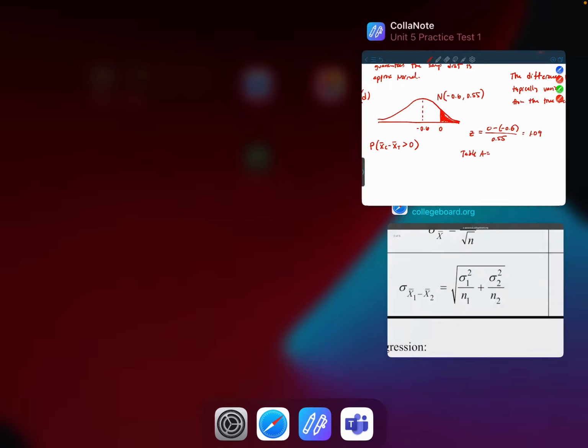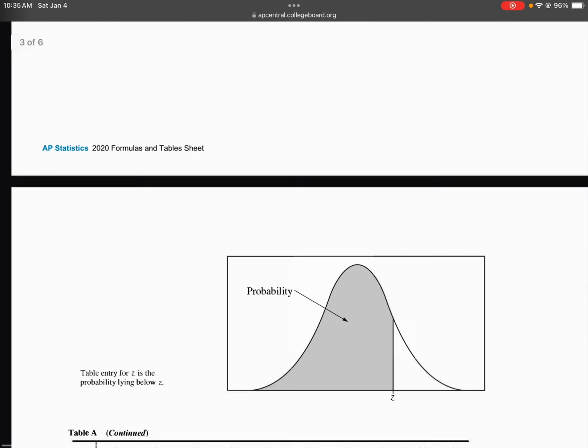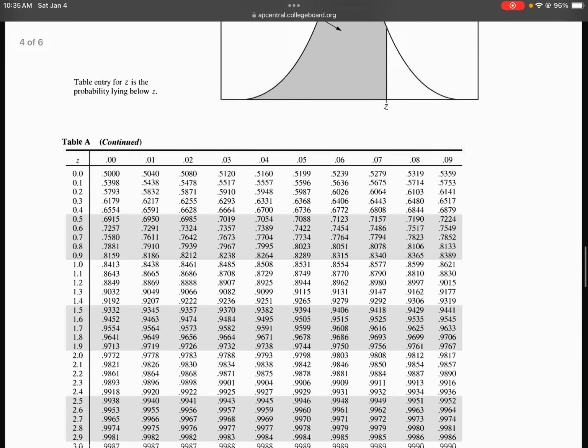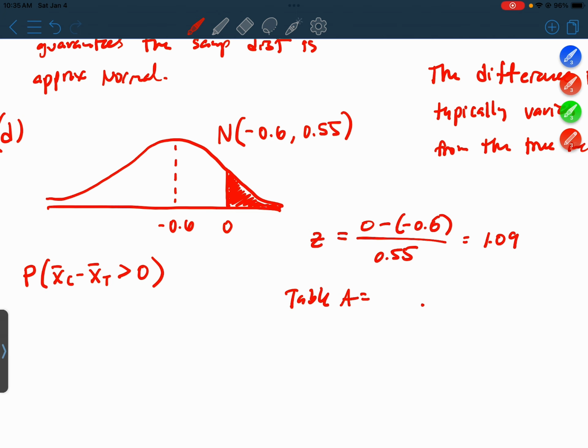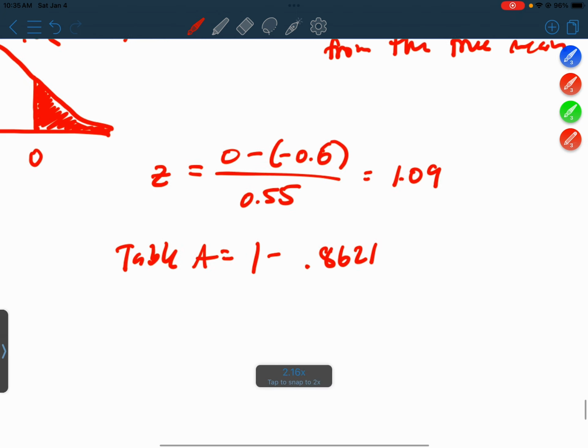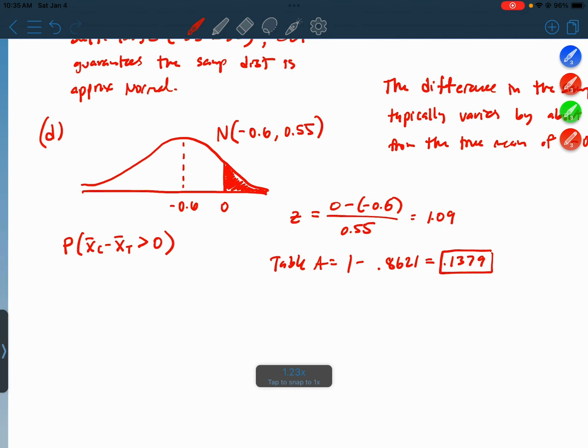Okay, and now we'll go to table A and look that up, 1.09, which is right here. 0.8621. Of course, we're going to subtract that from 1 since we're looking for the area in the right tail, so 0.1379, or about 14% if you round.